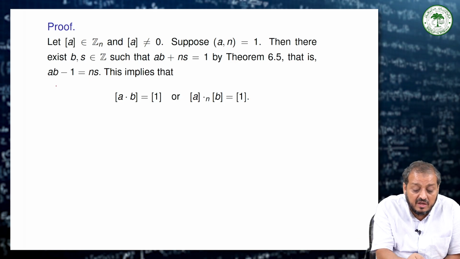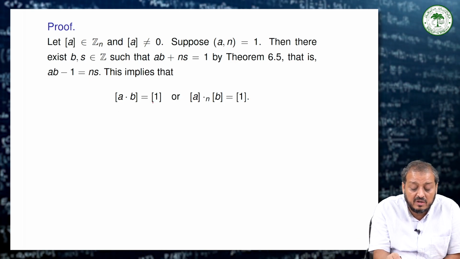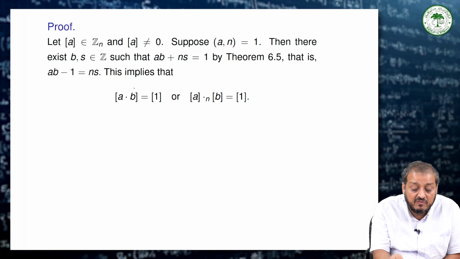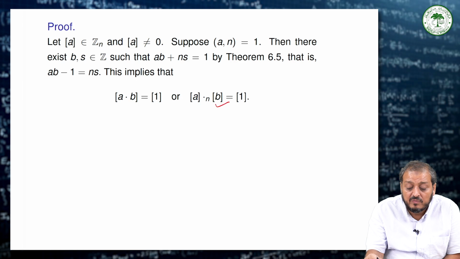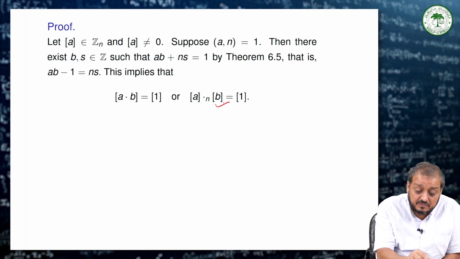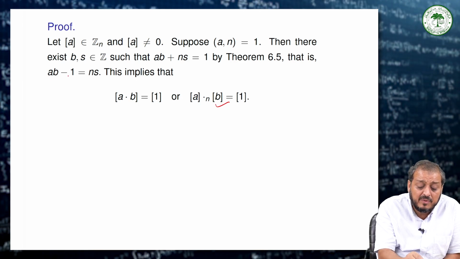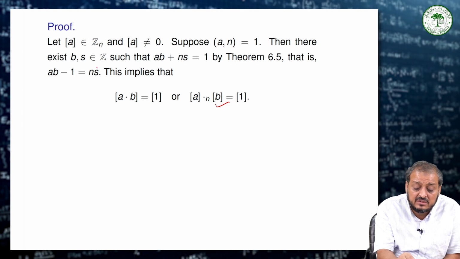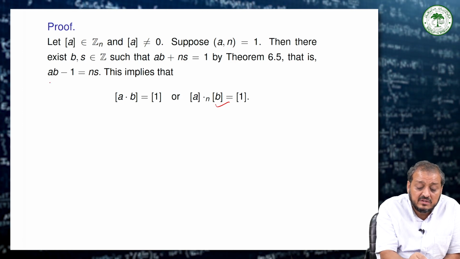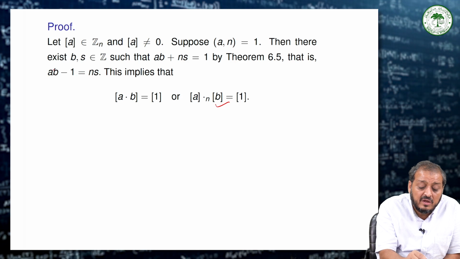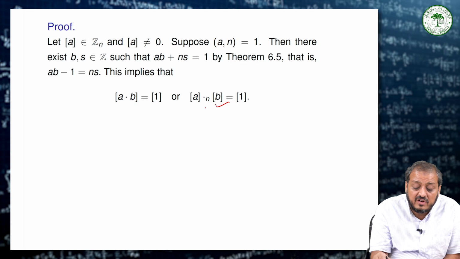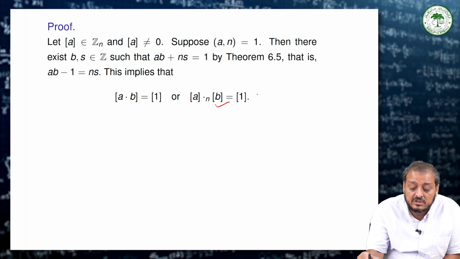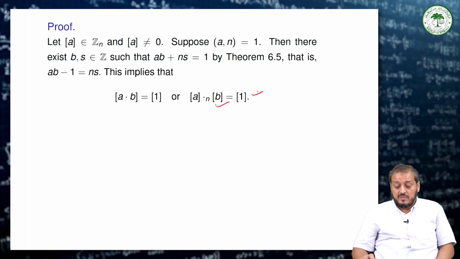This implies that n divides ab minus 1. If n divides ab minus 1, then a dot b is congruent to 1 modulo n. So a dot b is equal to 1 clearly in this form.